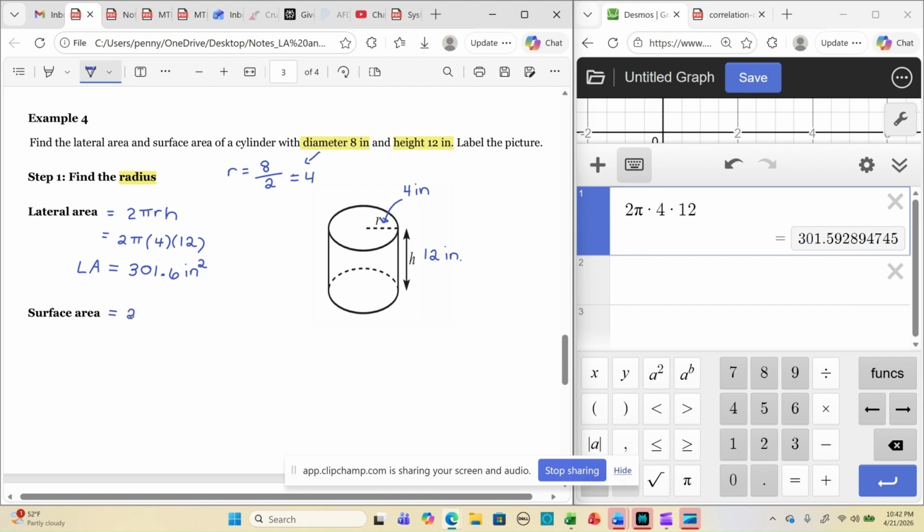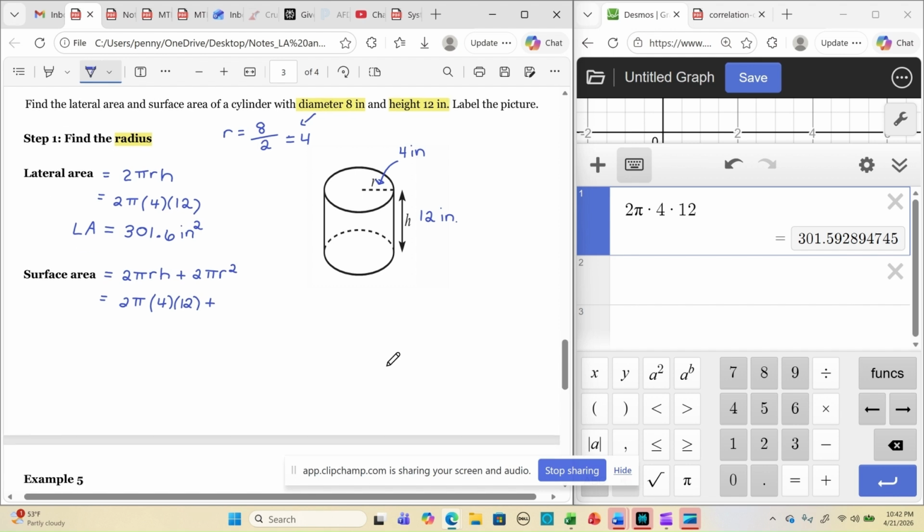Surface area, 2 pi RH plus 2 pi r squared. So we have that 2 pi times 4 times 12 plus, now we want to add in the 2 pi r squared.